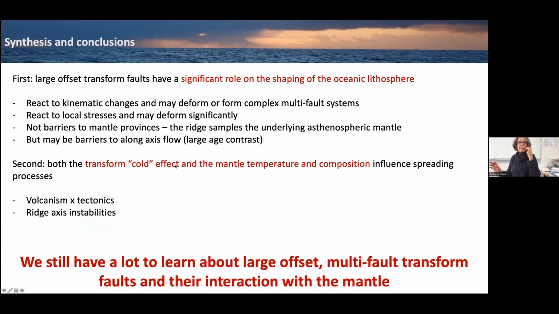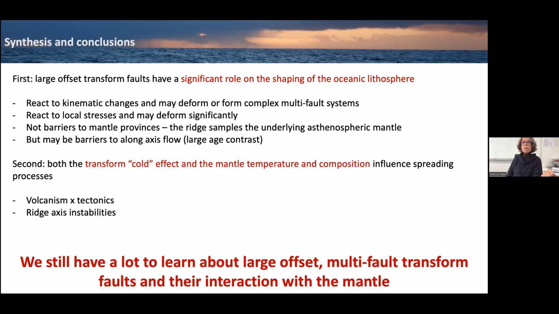So in terms of synthesis and conclusions, I would say that first, large offset transform faults will have a significant role in the shaping of the oceanic lithosphere, because they react to the kinematic changes and may deform, including forming complex multi-fault systems.